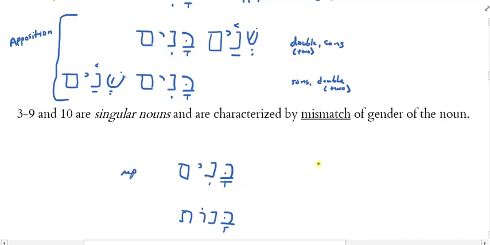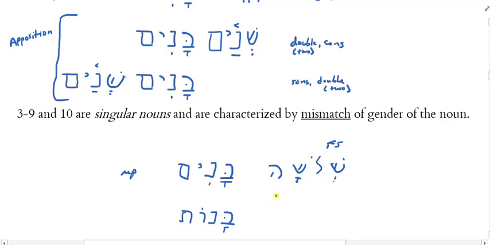The feminine. The masculine form is shalosh, so I have to use shalosha with banim. Okay? So it's going to be shalosha banim. Feminine 3, that's feminine singular. Okay? But banim is masculine plural.